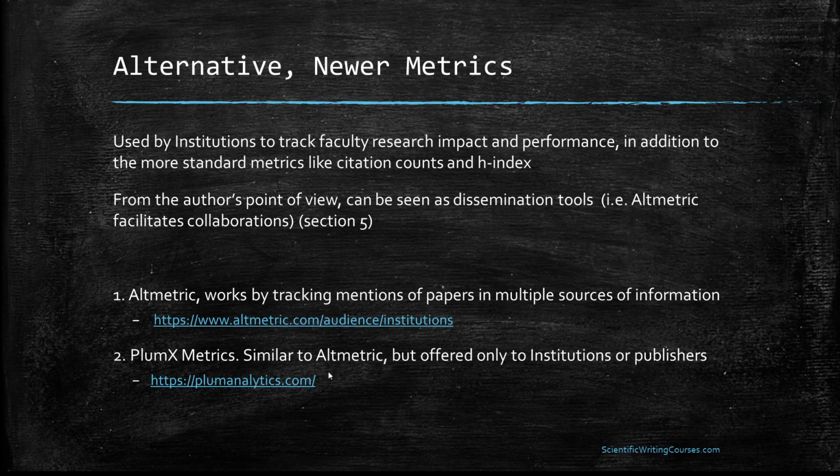They don't use the same sources. The approach is different. The reality is that this is used mostly by publishers, not by institutions. And it's an alternative, although the majority of people will know and use Altmetric, not this one. But still, it's something that you should know exists.